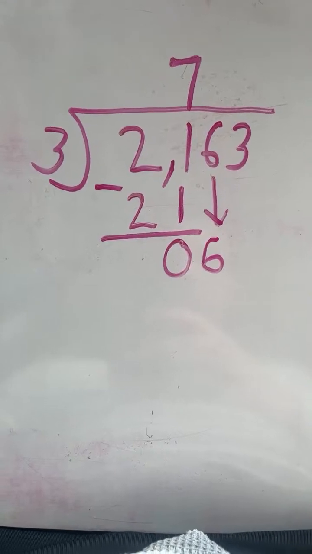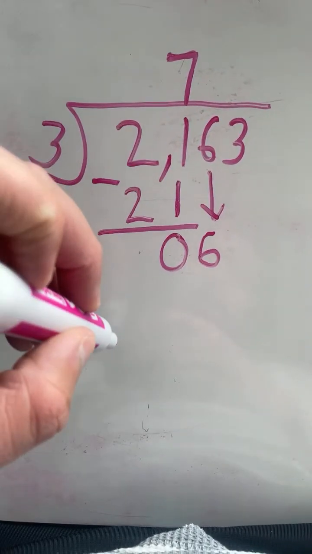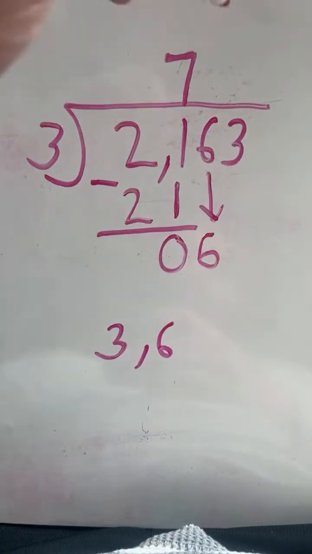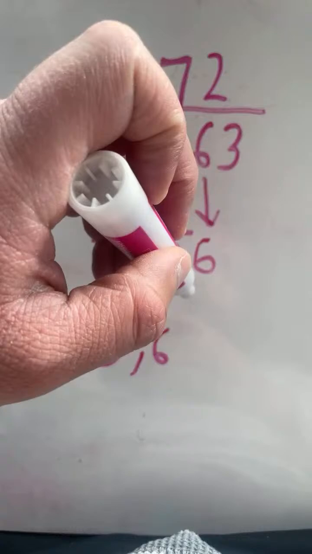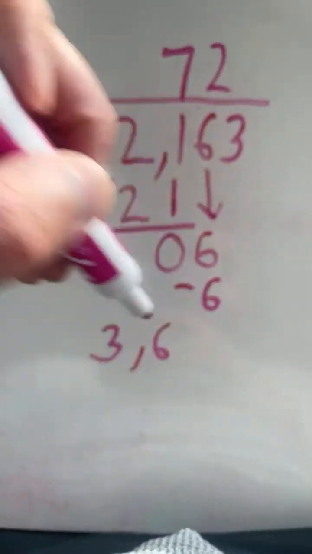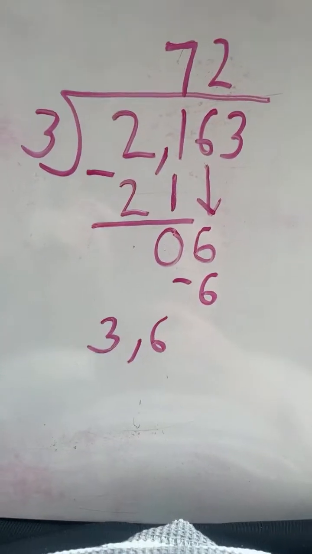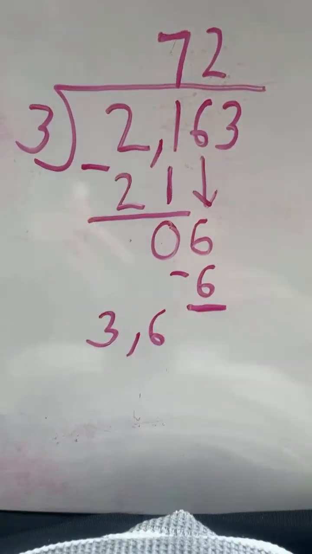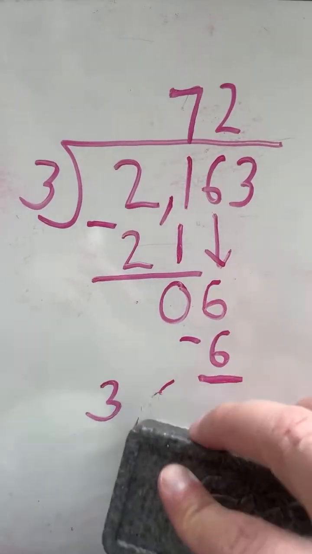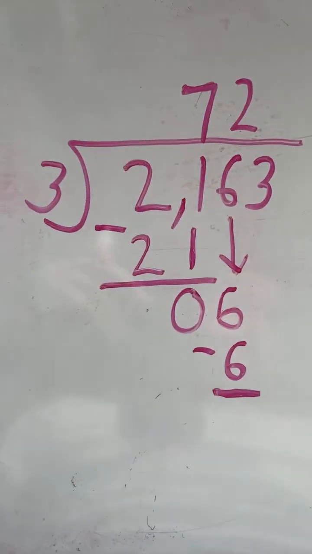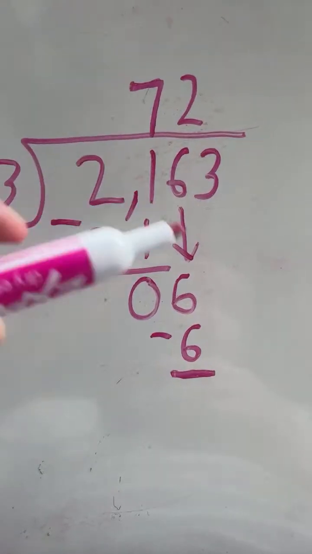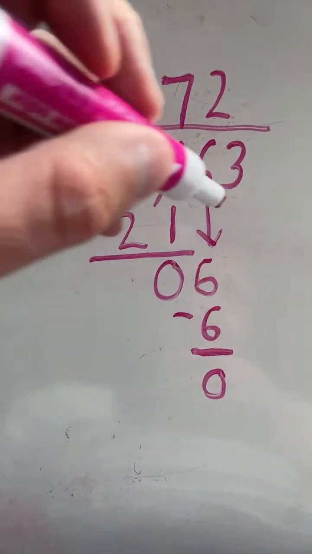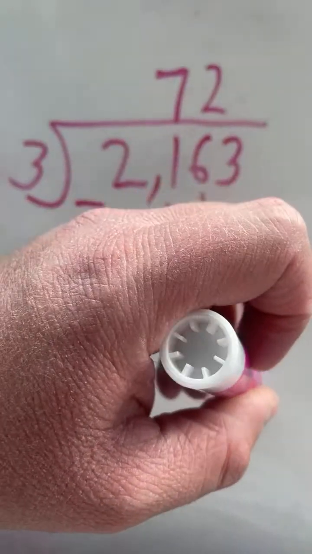Now we got to figure out how many groups of 3 go into 6. 3, 1 group of 3. 6, that is 2 groups of 3. Now we're going to subtract 6 minus 6. Let me get rid of the numbers that I skip counted here before I do the 6 minus 6. 6 minus 6 equals 0. There is no remainder.